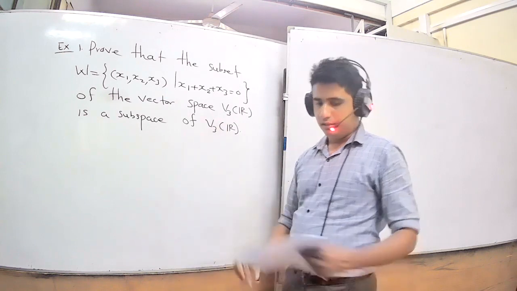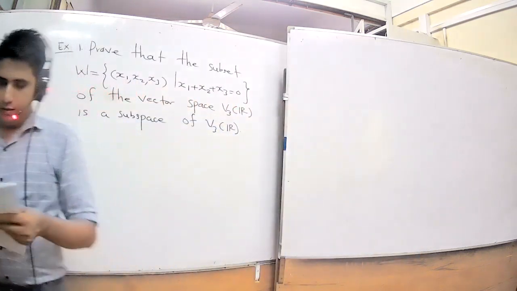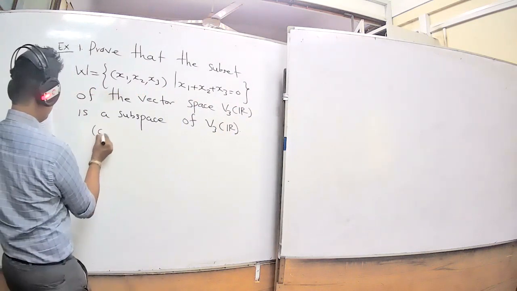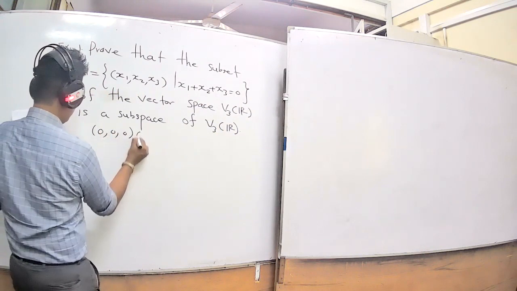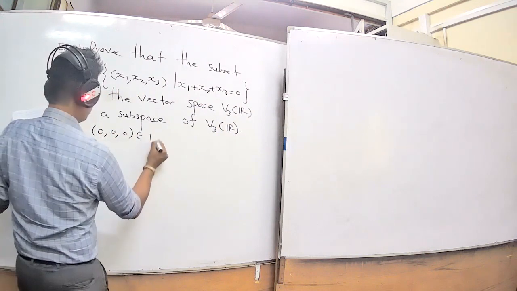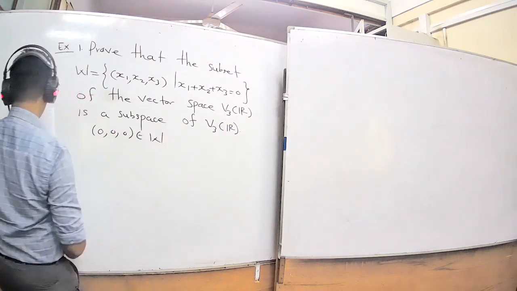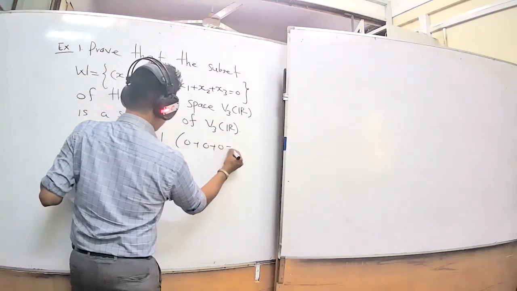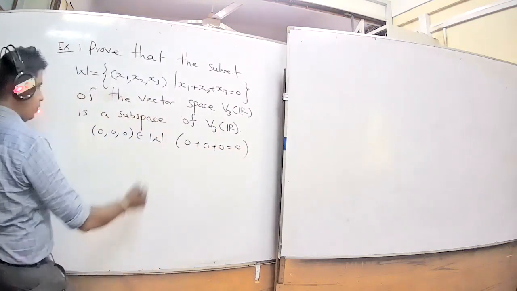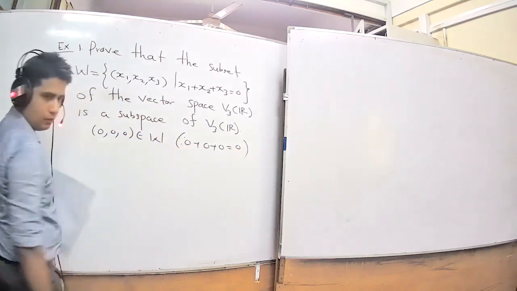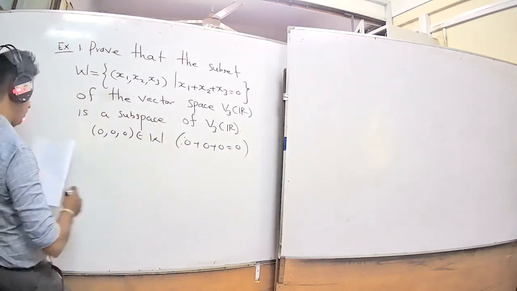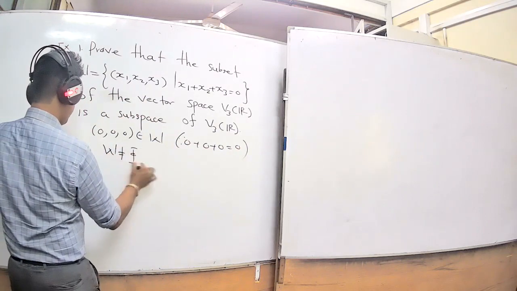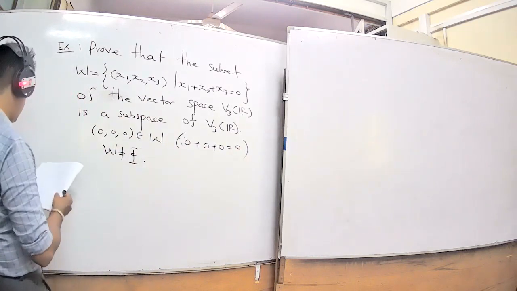First, the ordered triple (0, 0, 0) belongs to W, since it satisfies the condition 0 plus 0 plus 0 equals 0. So the set W is non-empty.